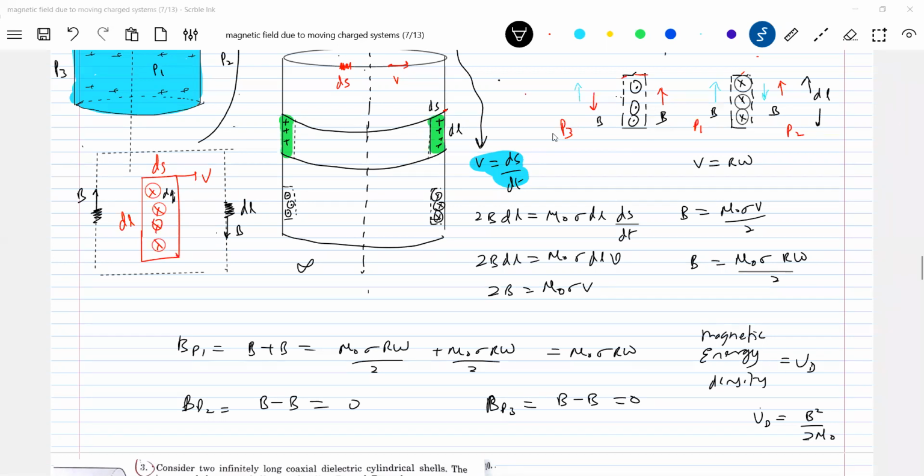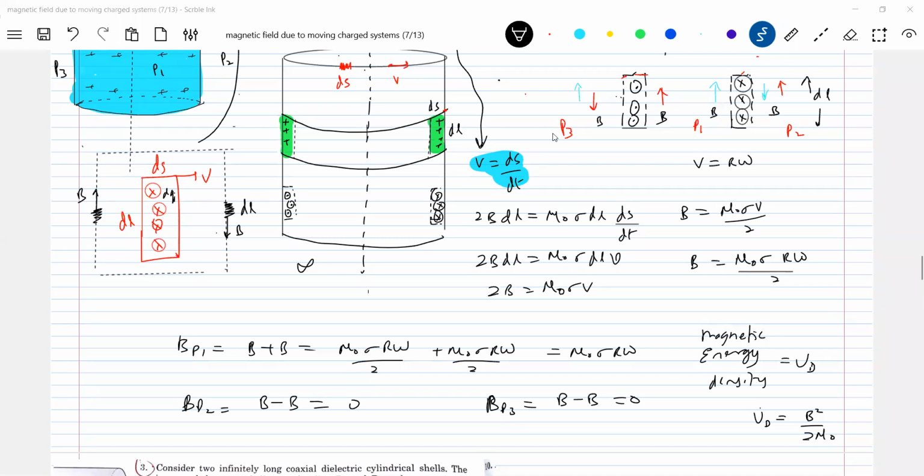This I just took as some elemental step. So you can consider this to be a ring and work it out. Since you are aware of the sheet, I just made the problem very simple. Or else what you should assume is a ring of radius r and width dl. Then work out the problem. You'll get the same thing.